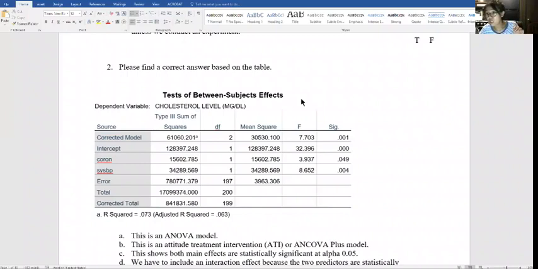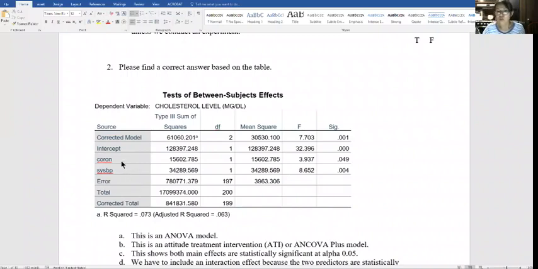Between subject means there must be some kind of groups, subgroups. So coronary incident, this is Chapman data, coronary incidence, yes or no group, right? This is the grouping variable. And systolic blood pressure is a continuous variable.